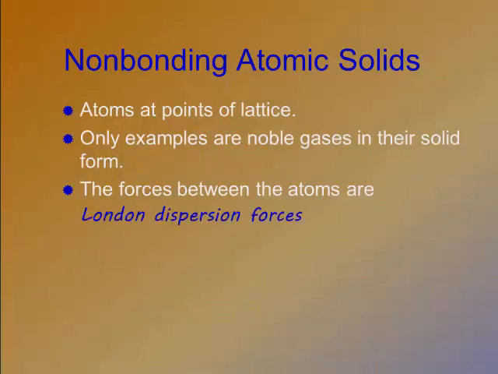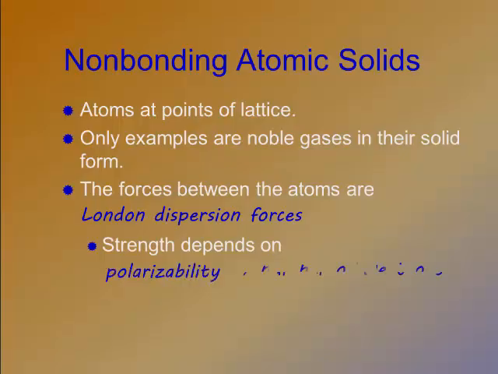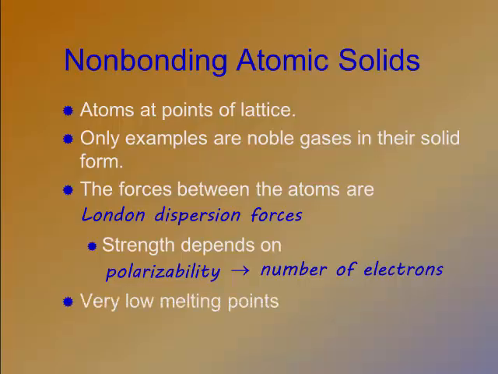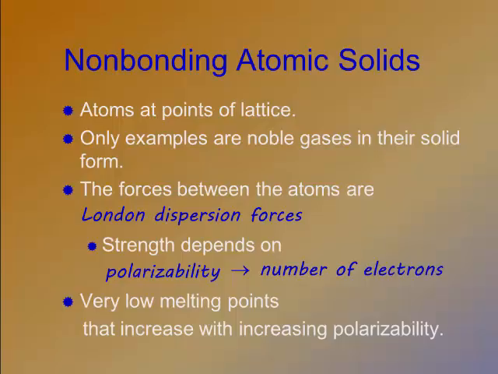London dispersion forces, because atoms are naturally nonpolar particles. As another reminder, the strength of dispersion forces depends on polarizability, which depends on the number of electrons in the atom. Non-bonding atomic solids have low melting points, but know that their melting points increase with increasing polarizability.